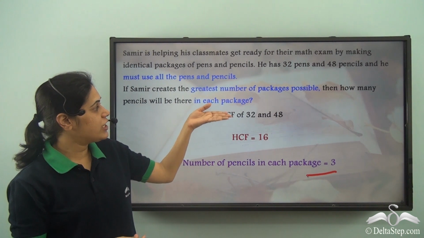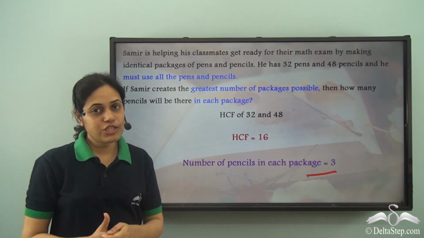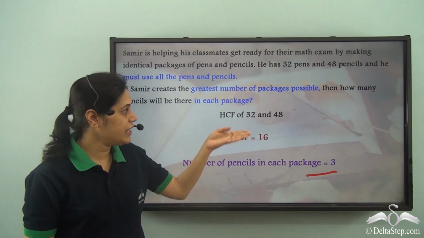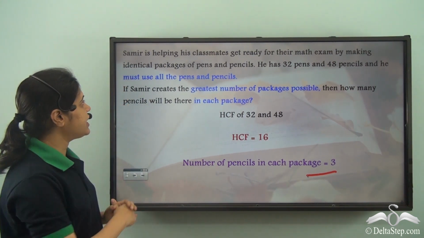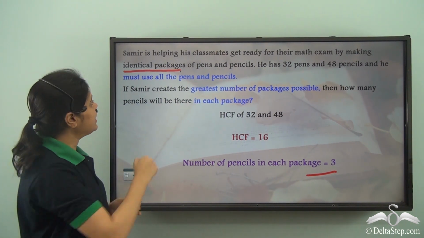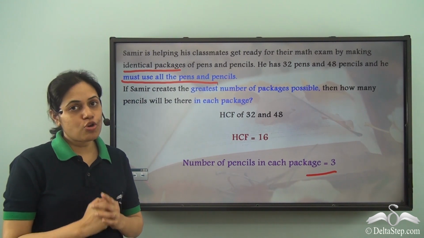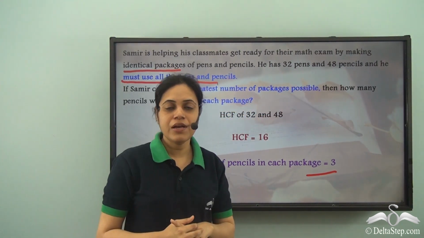So this is how we can solve problems of this type using HCF. The most important thing is to find out that you need to find the HCF. How do you find that? Firstly, you see that identical packages must be created. Secondly, he must use all the pens and pencils, so we need a number which divides both of them.